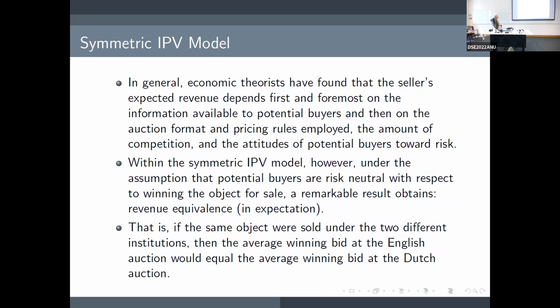We've talked about that. So what are the important things that people point to? In the symmetric independent private values model, there's no information release regardless of the type of auction. Right?